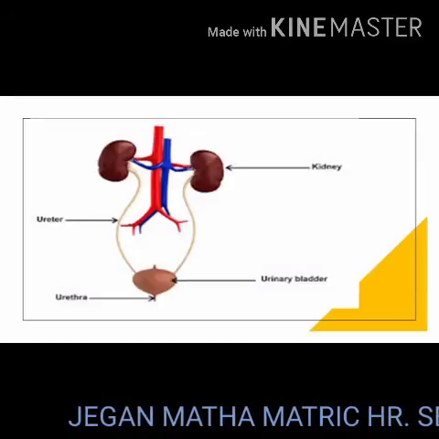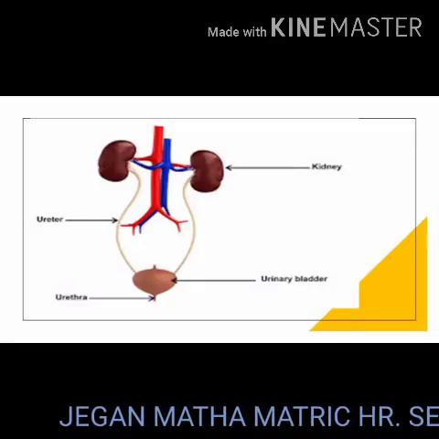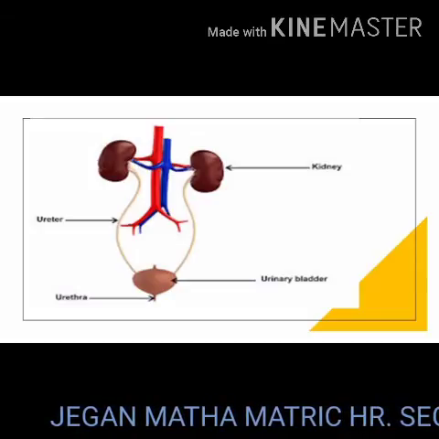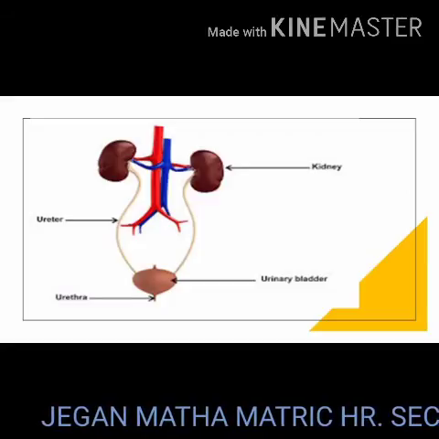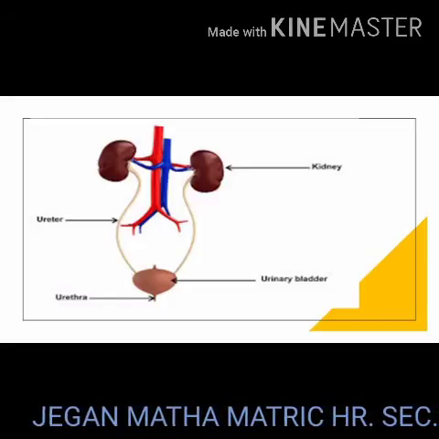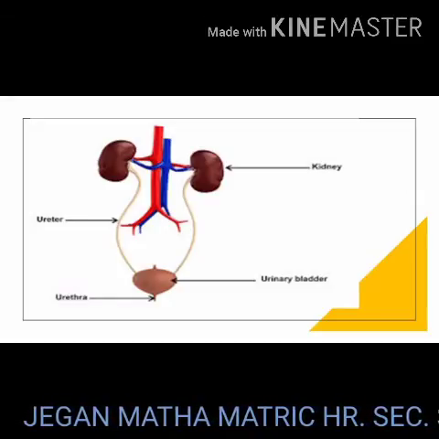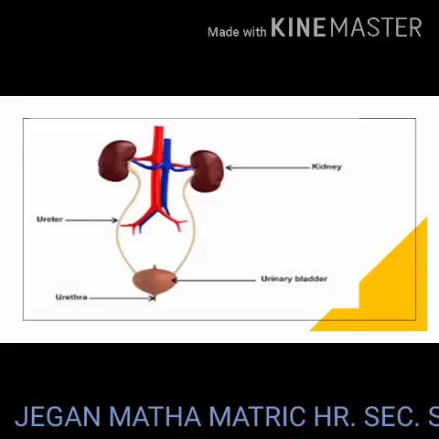Human excretory system. Metabolic activities continuously take place in living cells. All metabolic products produced by the biochemical reactions are not utilized by the body, because certain nitrogenous toxic waste substances are also produced.